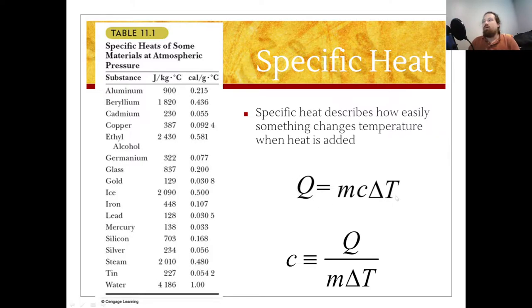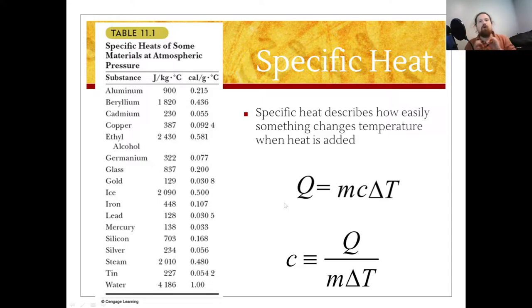So, let's just look at all the different variables in this formula real quick. The big Q on the front. Q is going to be the variable for thermal energy for the rest of this class. You might have used Q to describe energy in a previous physics class at some point, or maybe a previous chemistry class.